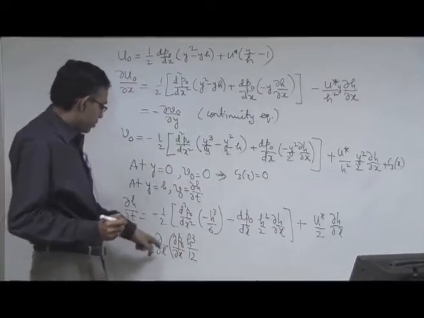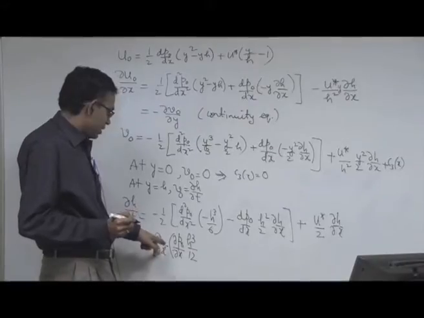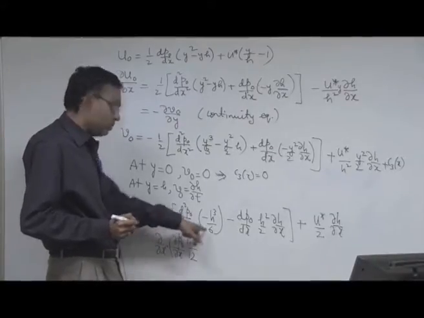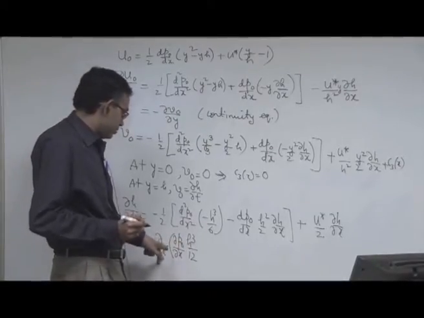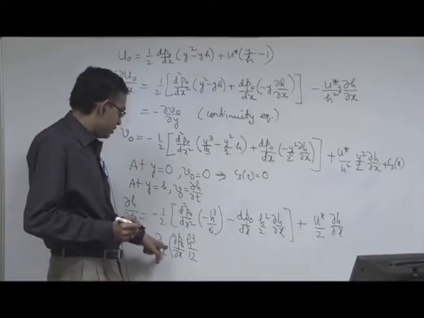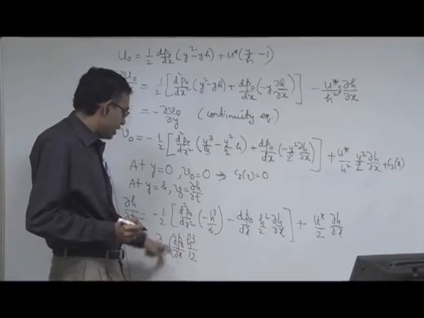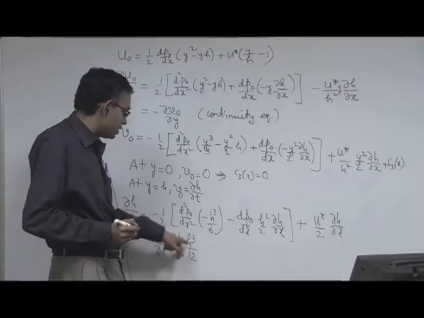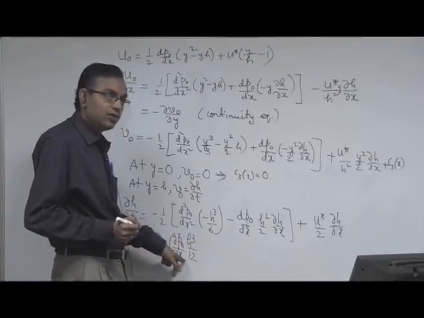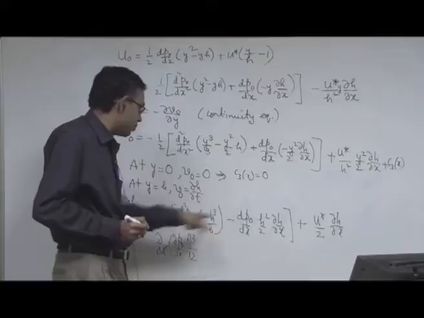See, when we write this, the first term is this one, second term you see del p0 del x into del x of h cube by 12, that is 3 h square by 12 into del h del x, that is h square by 4 into del h del x.